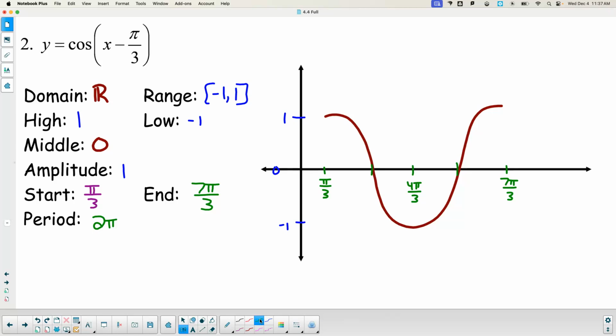1 pi over 3 plus 4 pi over 3 is 5 pi over 3. 5 is odd, can't be divided by 2. So I've got to multiply the denominator by 2. No, Emma. Okay. If the numerator is even, divide it by 2.